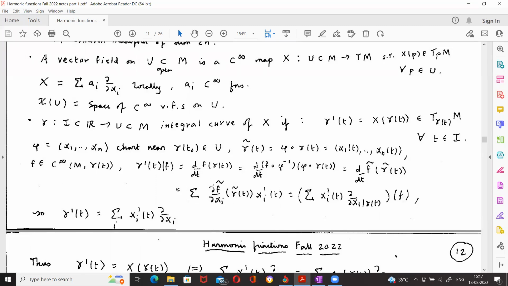This del f tilde del xi at gamma tilde of t is by definition nothing but del xi at gamma of t applied to f. So this sum I can write as the linear combination of the del xi's, summation x_i prime of t del xi at gamma of t, the whole thing applied to f.